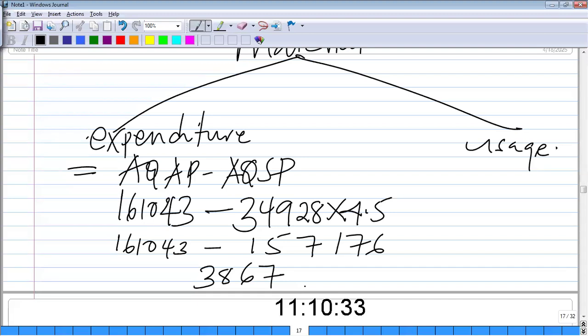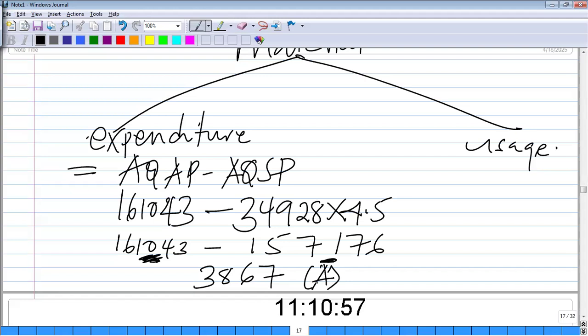So you compare. This is actual, this is budget. It gives us a favorable or adverse variance. Because actual is greater than budget, this is an adverse expenditure variance.